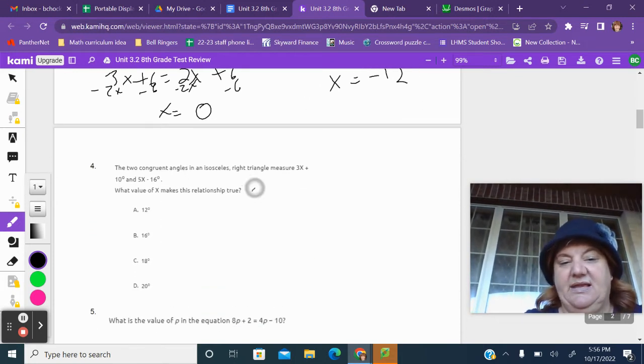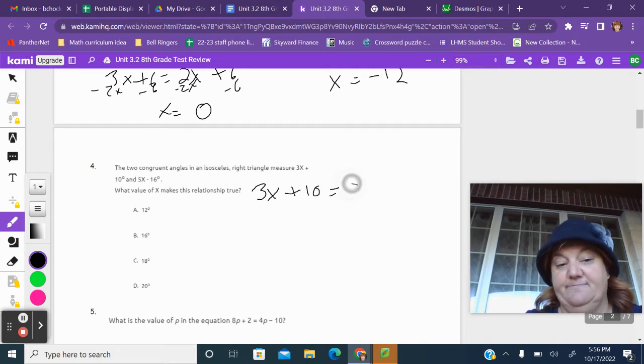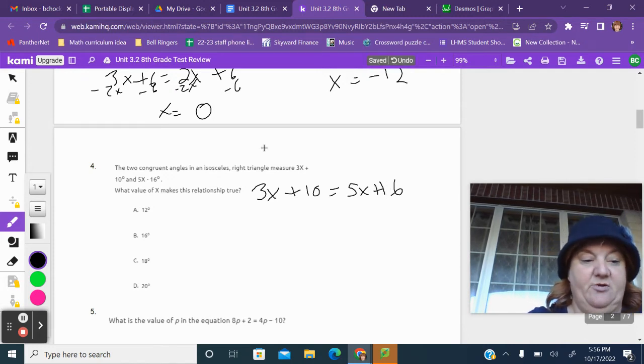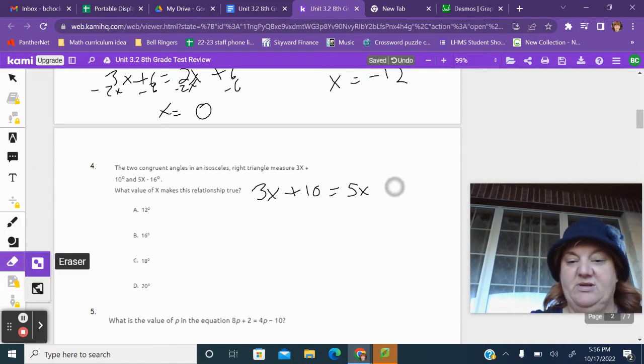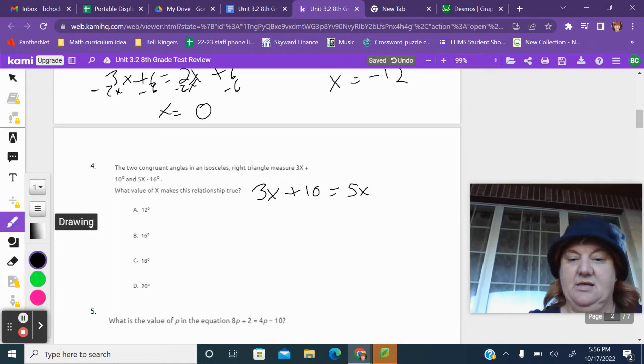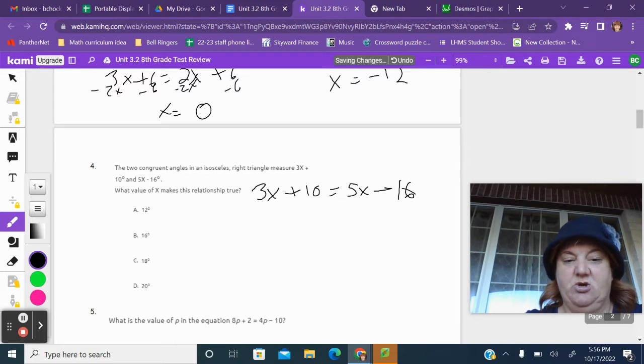Again, I did this one in class. It's just, it's not right. I don't know why these are wrong. So I'm just copying that. Oops, I copied it wrong. Always check if you copied it right. Minus 16. Okay. So we do minus 10, minus 10, minus 5x, minus 5x.